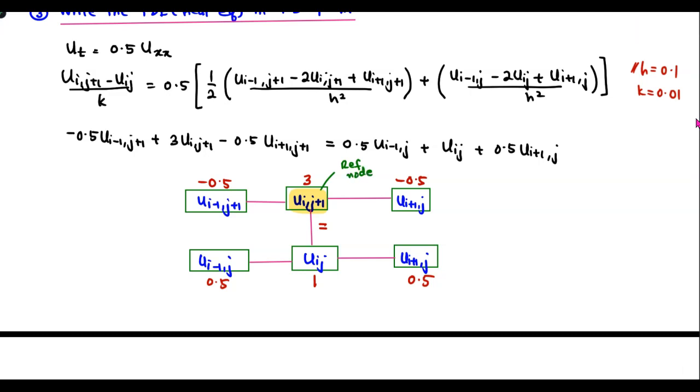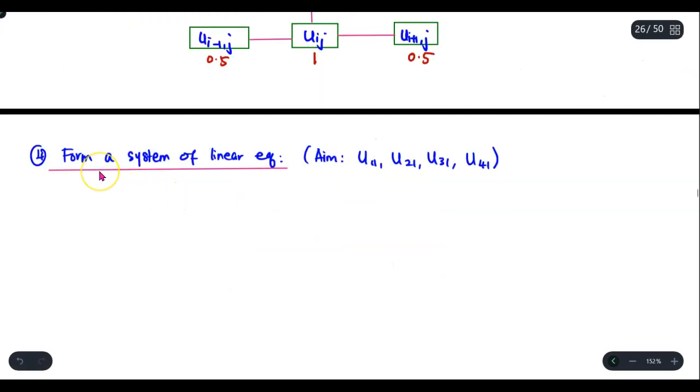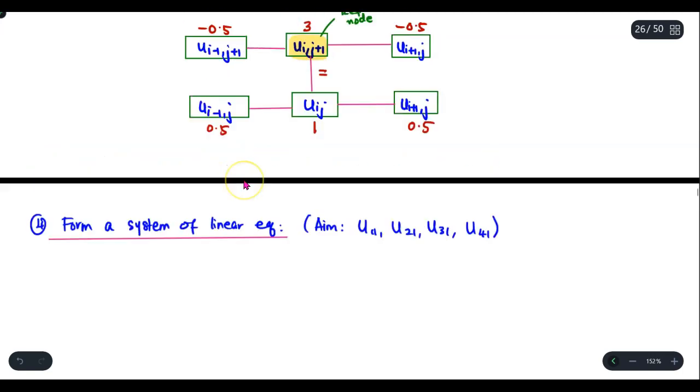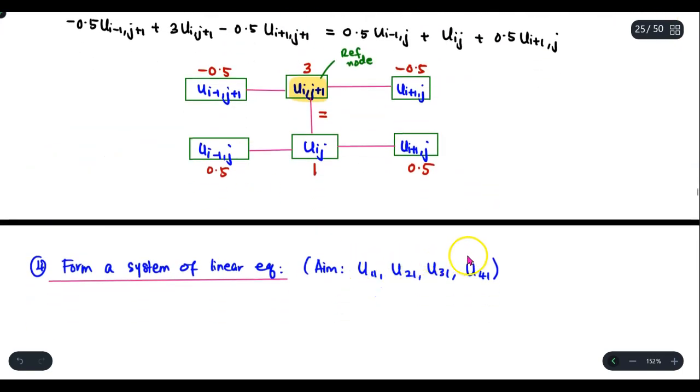All right, so that is the third step. Okay, so now fourth step, form a system of linear equations. Our aim is to know these four nodes here. Based on our grid just now, we have seen that the unknowns are these four nodes.